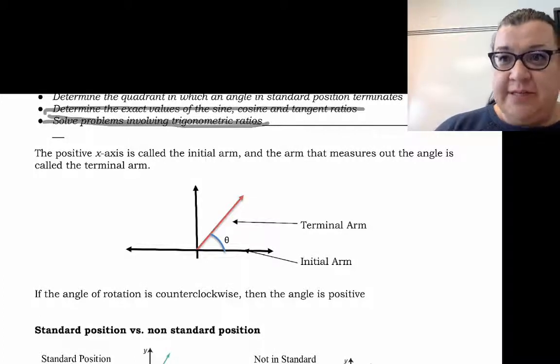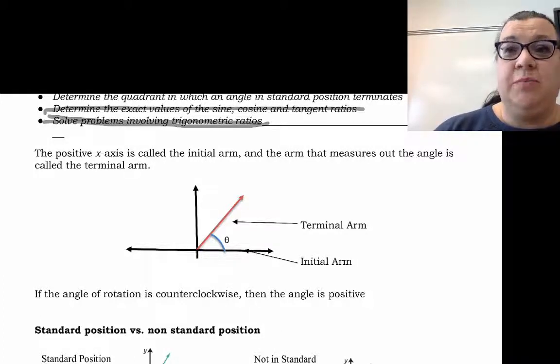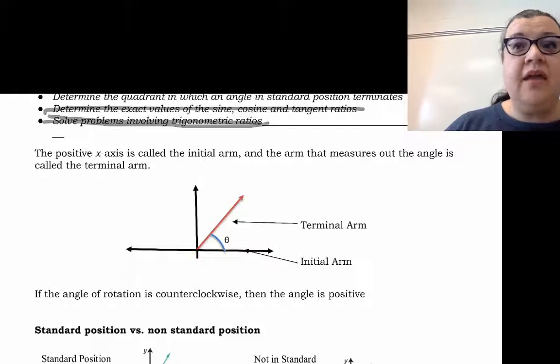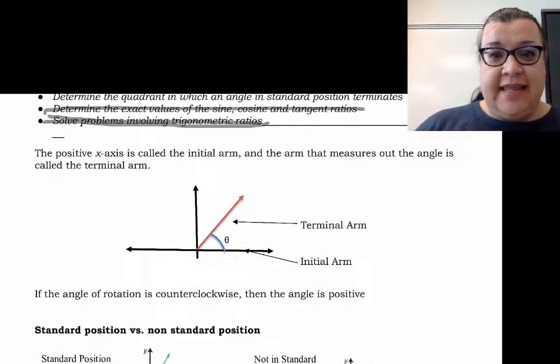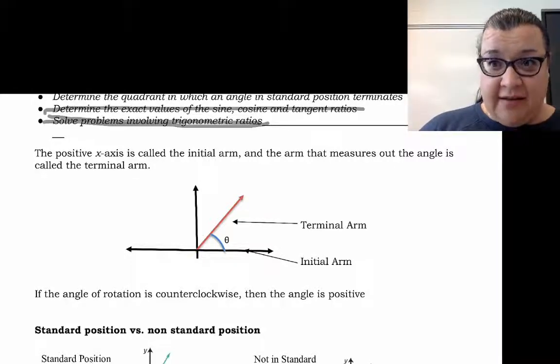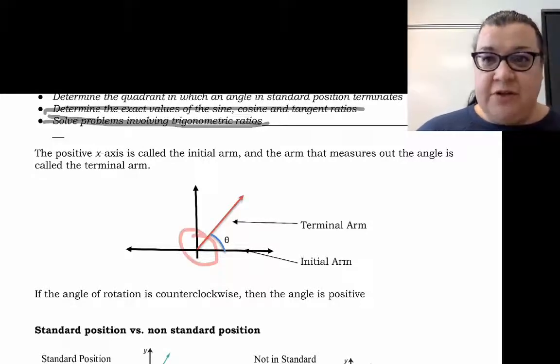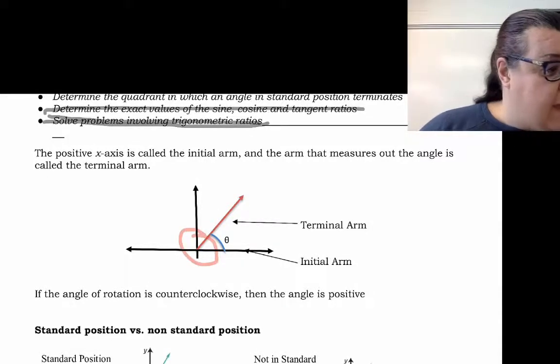An angle in standard position is that we are going to put an angle on the coordinate grid in a very particular way. Okay? So the first point of it is that the vertex of the angle must be here at the origin. So the vertex of the angle has to be there.